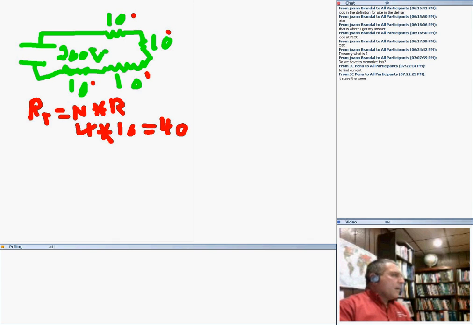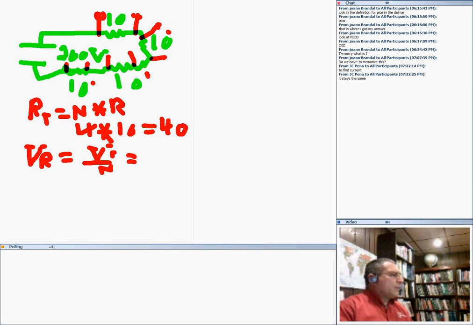Very interesting. Rule number 2, voltage. The voltage across each resistor equals the V total divided by N. For example, if I label the voltage here, and here, and here, and here, I only have to take the 200 and divide by 4.